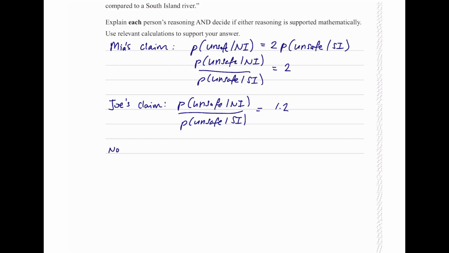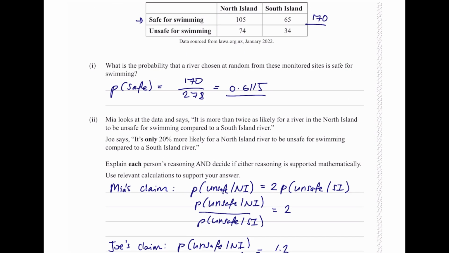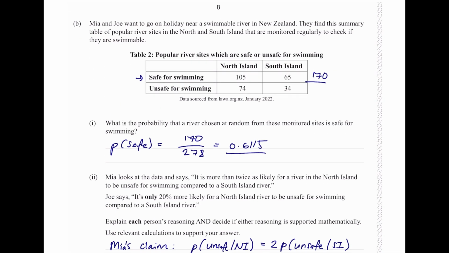So we'll say now, the probability that we're unsafe, given that we're in the North Island, is equal to, so given that we're in the North Island, what's the probability that we're unsafe? So what's the total? 74 plus 105, 179. Okay, so let's just draw in our totals to make things a little bit easier for us. 74 plus 34 is 108. 65 plus 34 is 99.